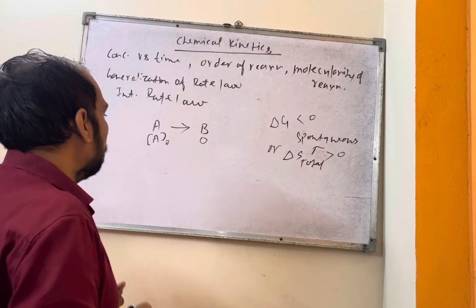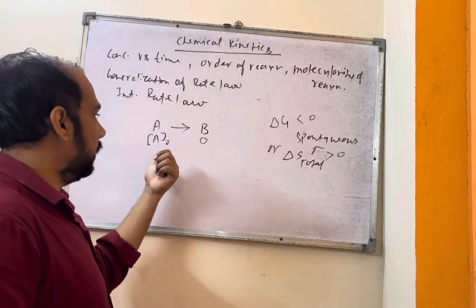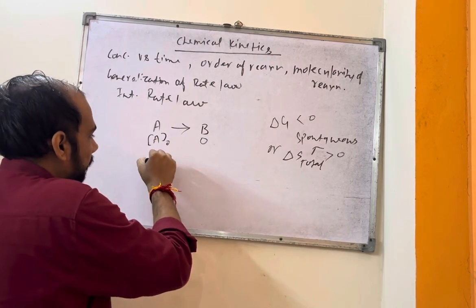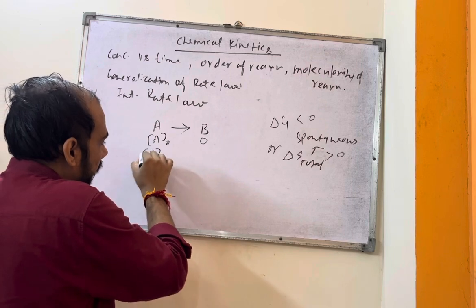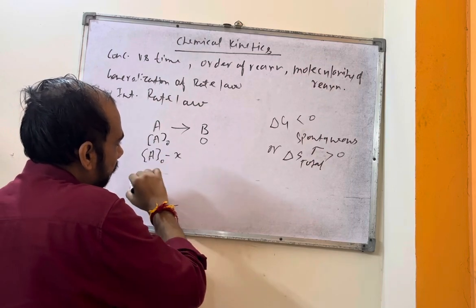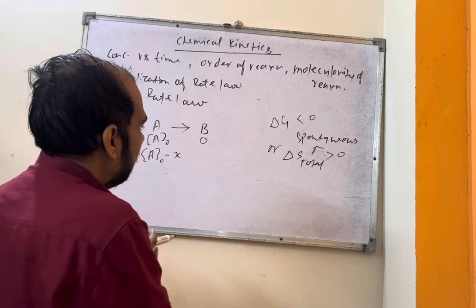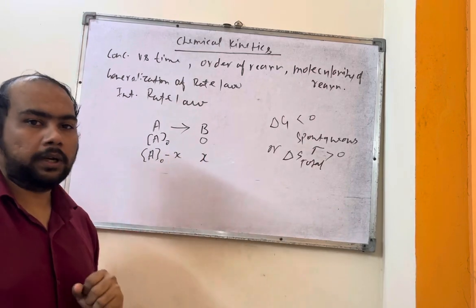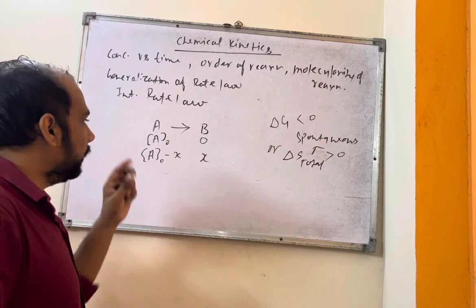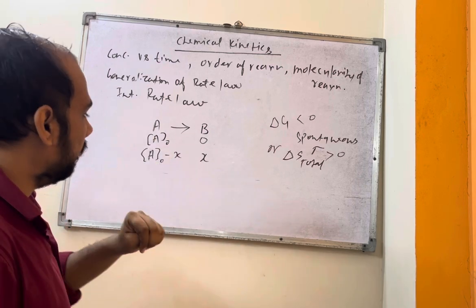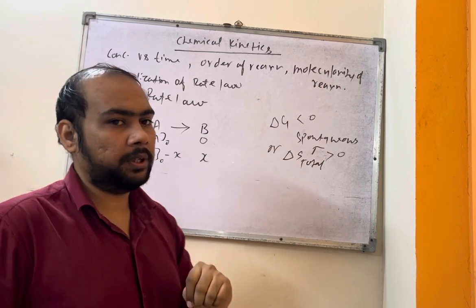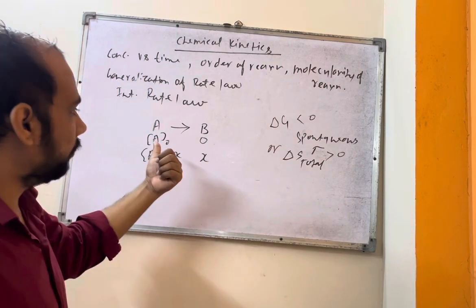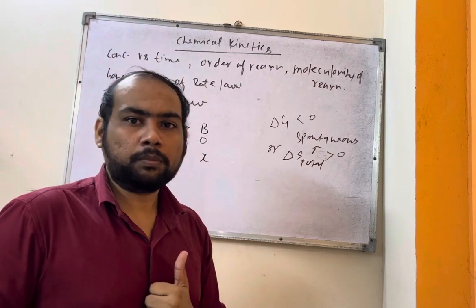Now with time A is going to disappear, and to the same extent B will form. So we have decomposition of A and formation of B, meaning disappearance of A and appearance of B.